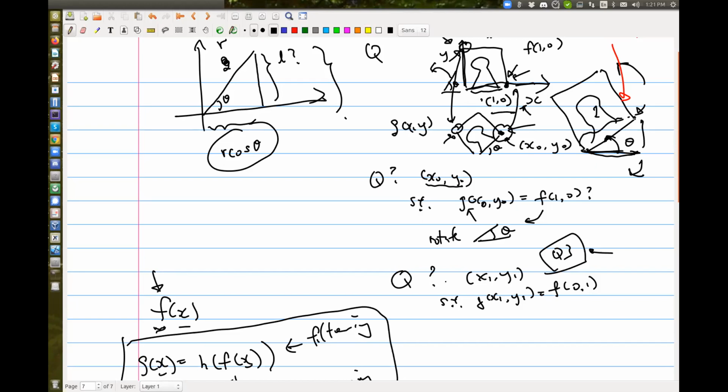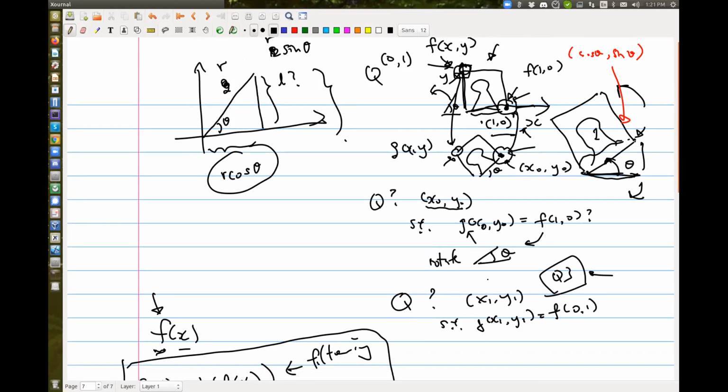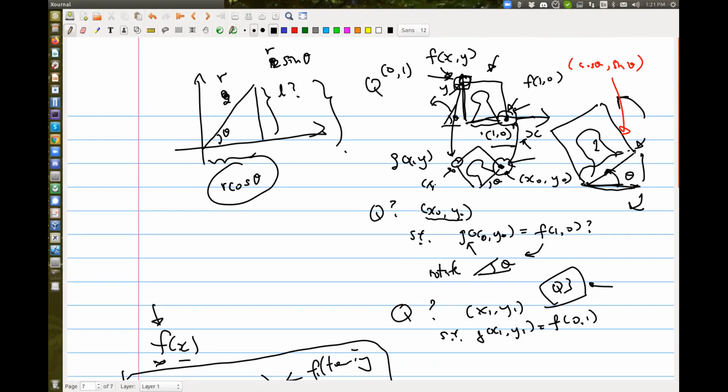The third question is, instead of the second question, which looks at this point, now where's this point in the new image? Now it's looking at where's the new point for this in the new image. That's basically this corner, let's say it is C1. So where is C1 in the new image? That maps to this x1, y1 here. So where's this x1, y1?